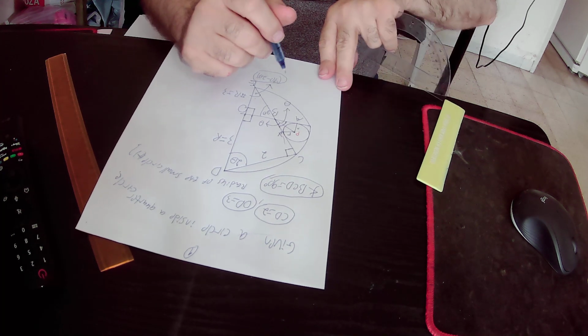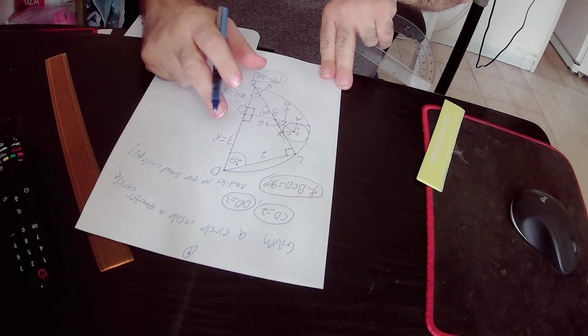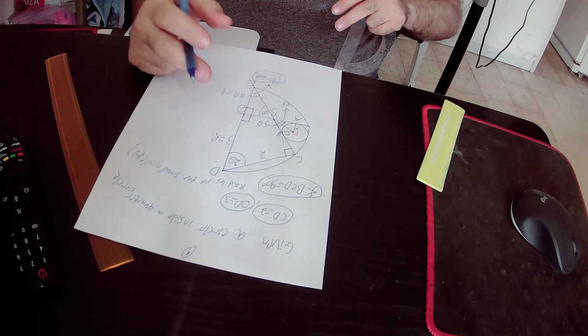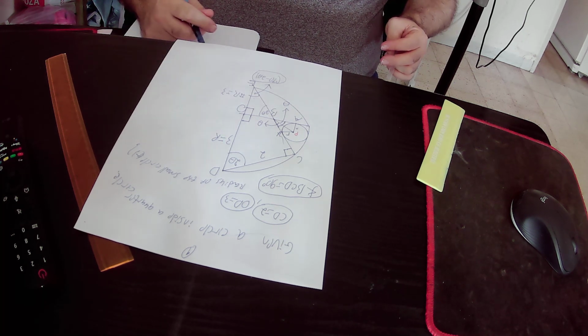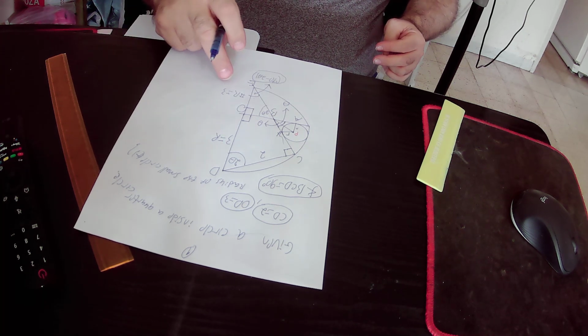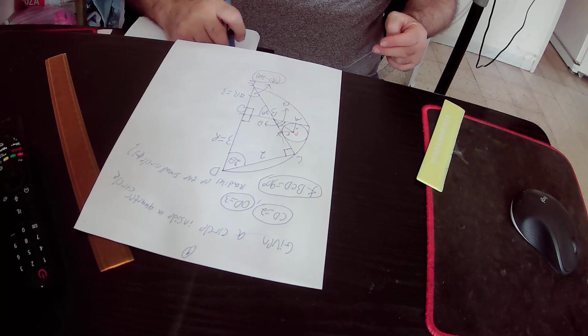So we created a semicircle from a quarter circle, and we know that OE equals R, that equals 3 units.